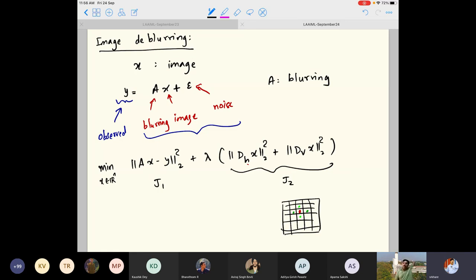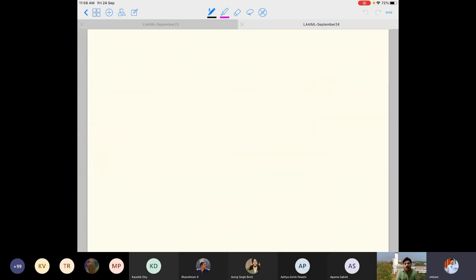Then you can vary the values of lambda, and varying them gives different results. Suppose you try s different values, lambda 1, lambda 2, up to lambda s. Then you get s different recovered images, x1 hat, x2 hat, and so on, for those different values of lambda.